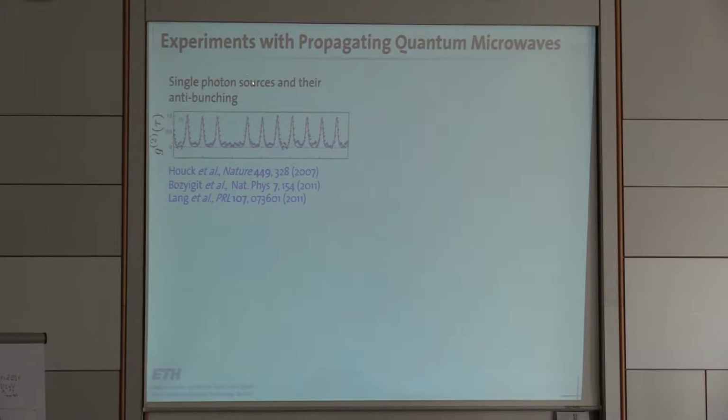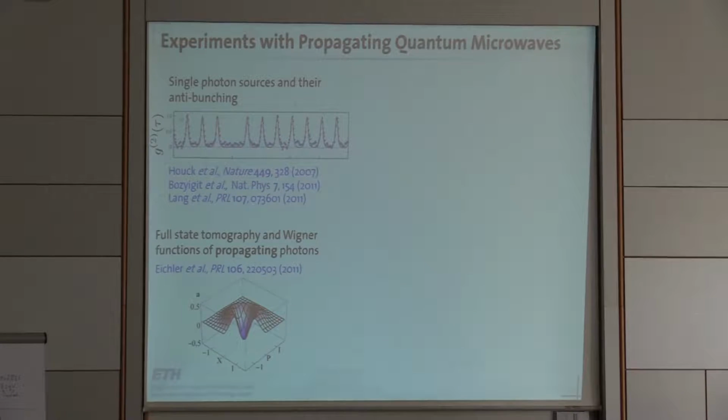And at microwave frequencies, it wasn't at the time so obvious what you would need to do to, for example, measure a second-order correlation function of the radiation emitted from a quantum system. And in our own lab and also in other labs, people have developed techniques to do that. So this is an example of a second-order correlation function of a single photon microwave frequency source, where the source is pulsed.